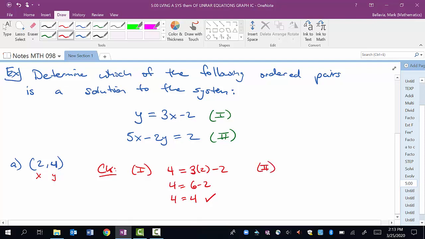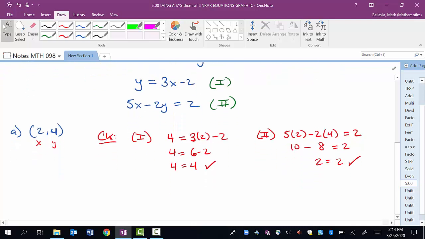So checking in equation 2, we had 5 times x, so it'll be 5 times 2, minus 2 times y, so 2 times 4. We're going to check, does that equal 2? Well, 5 times 2, that's 10, minus 2 times 4, that's 8. Does that equal 2? 10 minus 8, yeah, 2 equals 2. So it checks out.